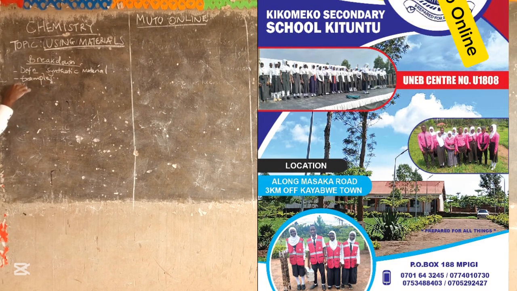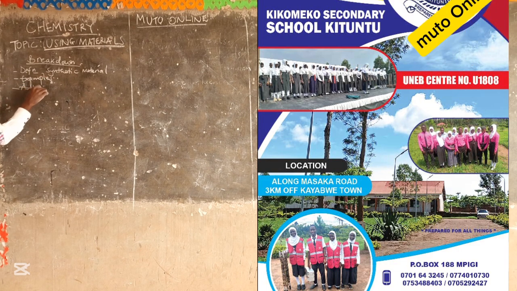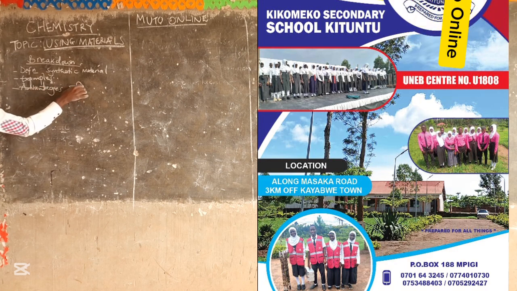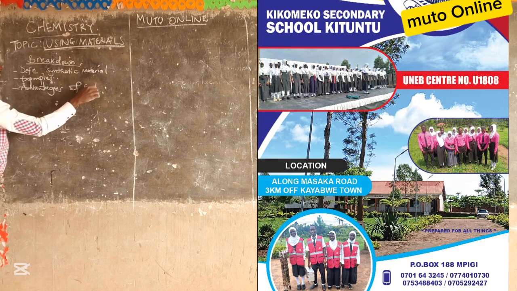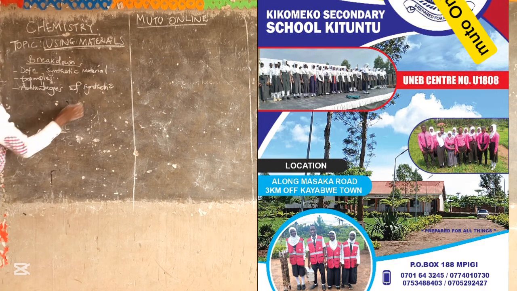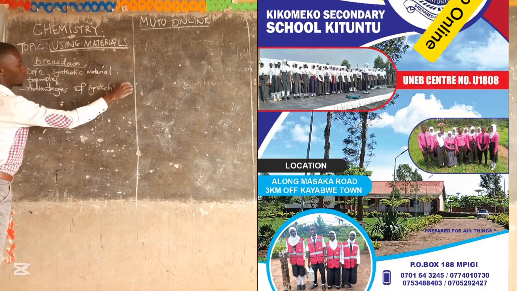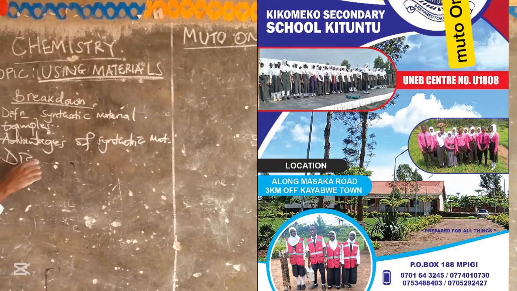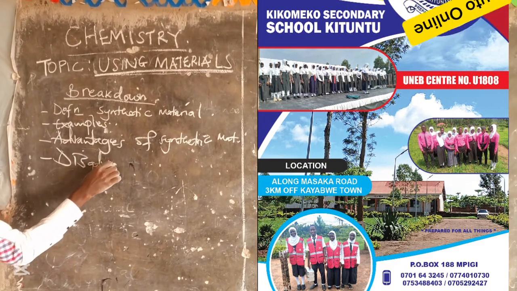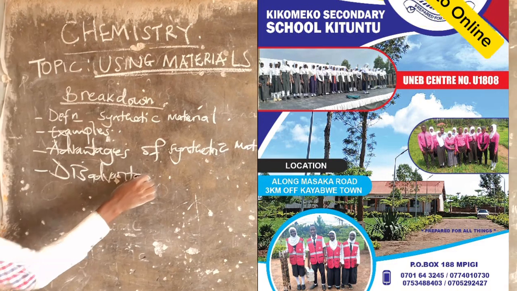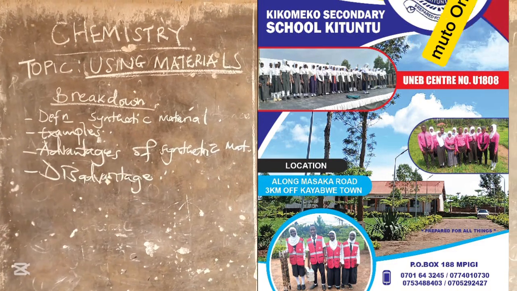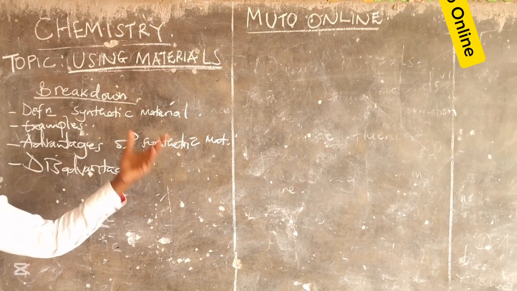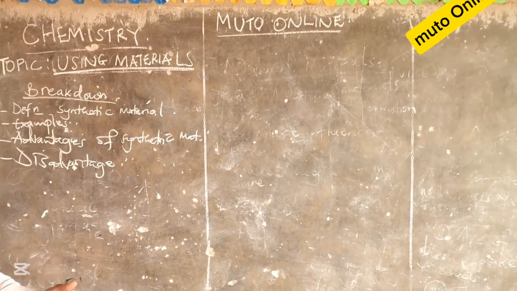We are going to give advantages of the synthetic materials, and we are also going to give the disadvantages of the synthetic materials. And then we shall continue with other parts of using materials in the next videos.